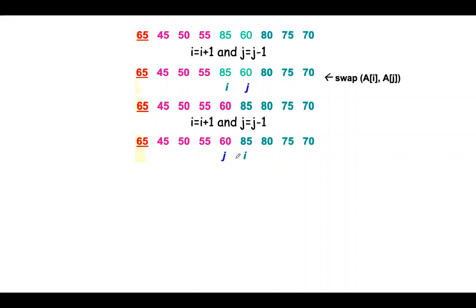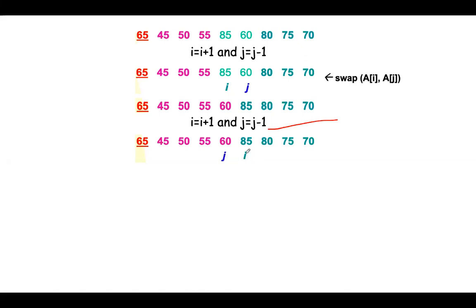You have to perform this only until I is less than j. Once I is greater than j, you have to stop incrementing I value and stop decrementing j value. Now I value is more than j value.